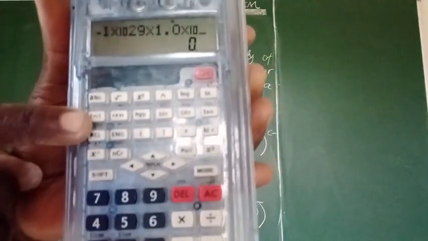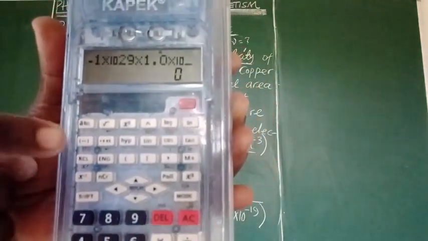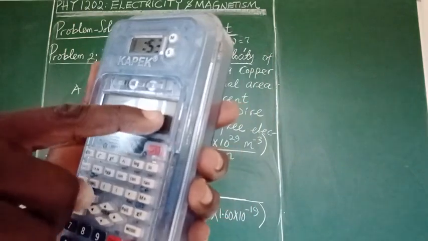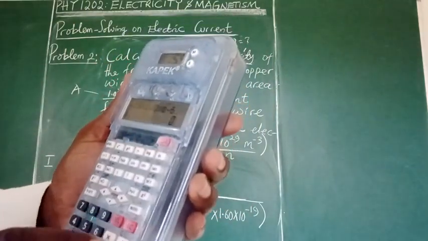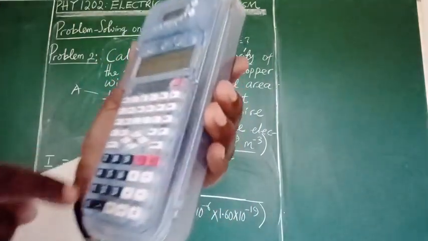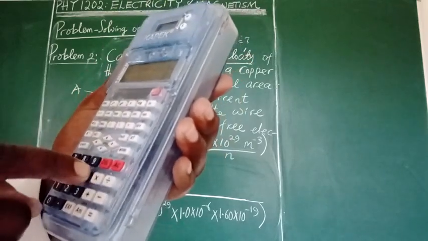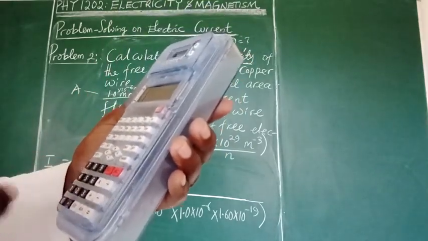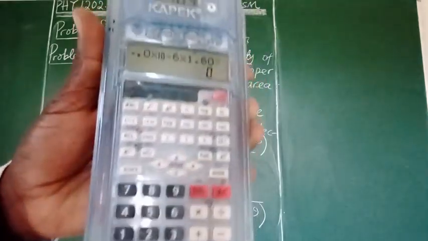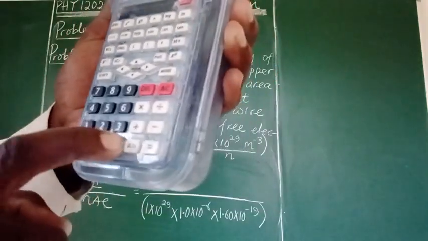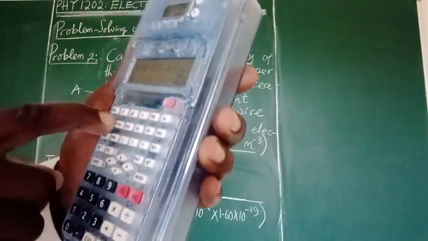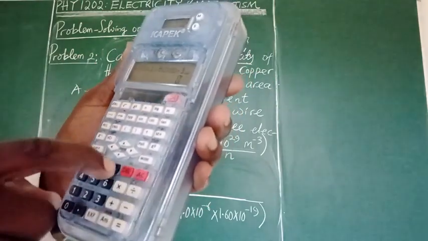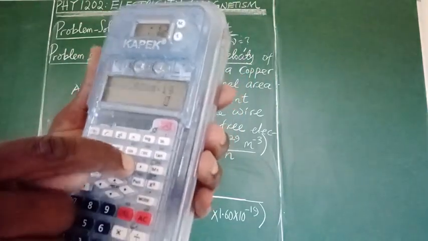So for the negative, you press this function, and the negative appears. Then you press 6. Then times 1.60, again exponential, then you press negative again, 19. Finally, you have to close the bracket.